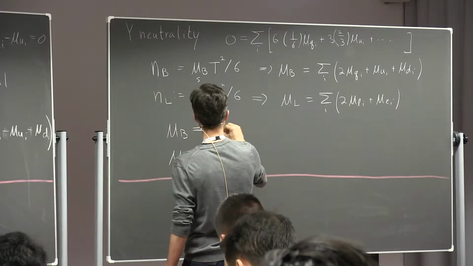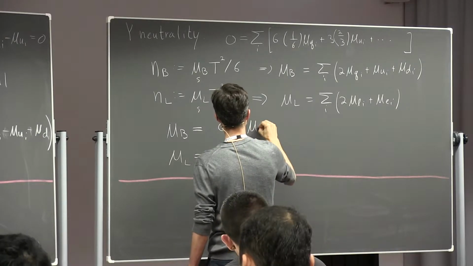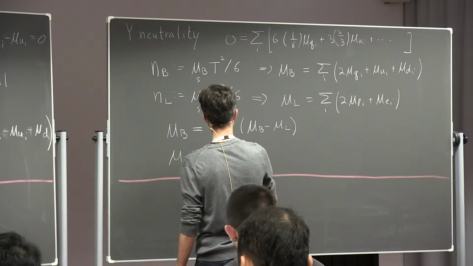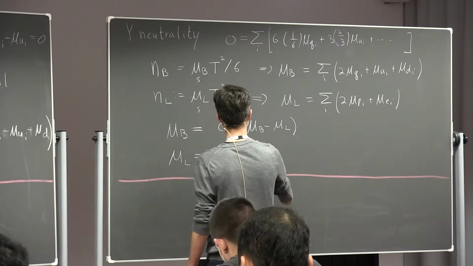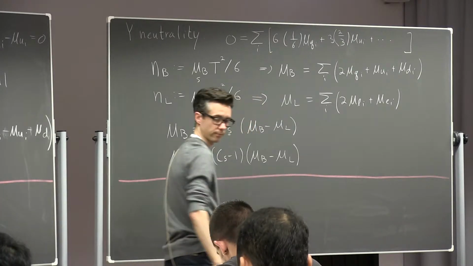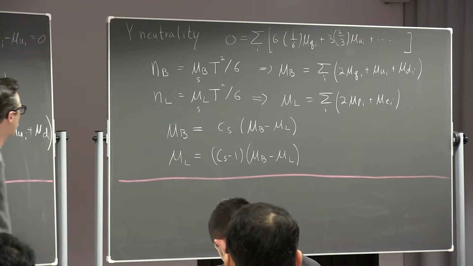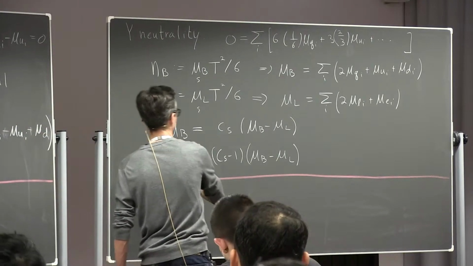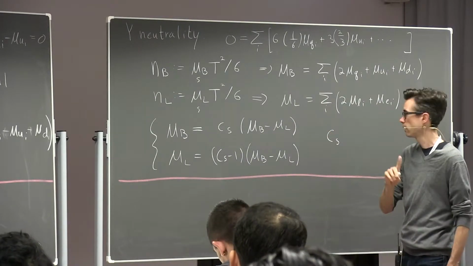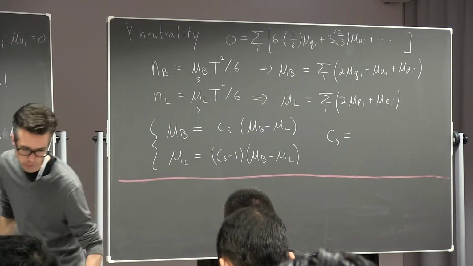So mu b turns out to be a constant I'm going to call Cs times something, where the Cs coefficient, so the CS doesn't stand for Chern-Simons, I don't know why it's called CS, it's a historical thing. Just a second, let me write down the number and I'll answer your question.